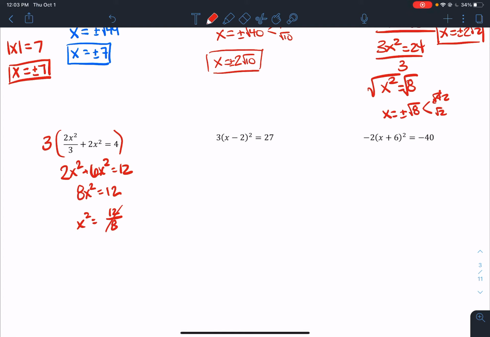I'm going to replace 12 over 8 with what? 3 over 2. If you can simplify your fraction first, it's not a bad idea. It's just going to make it easier when you then simplify the radical.